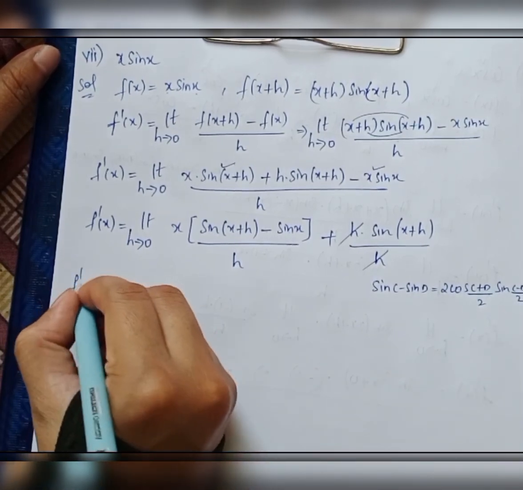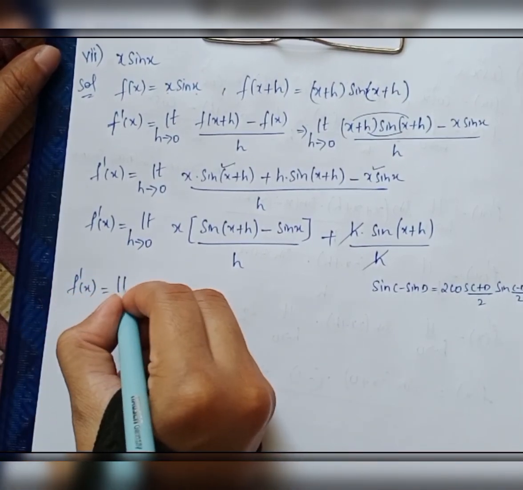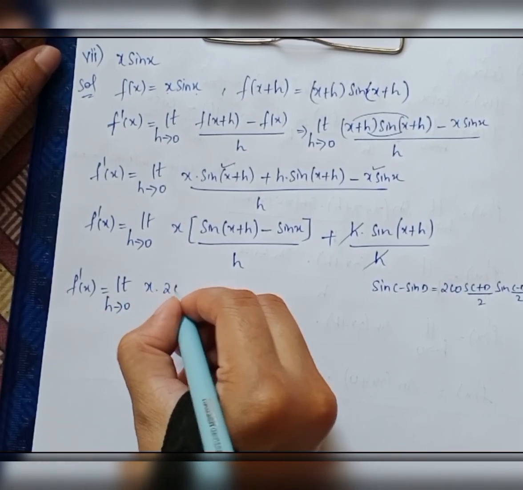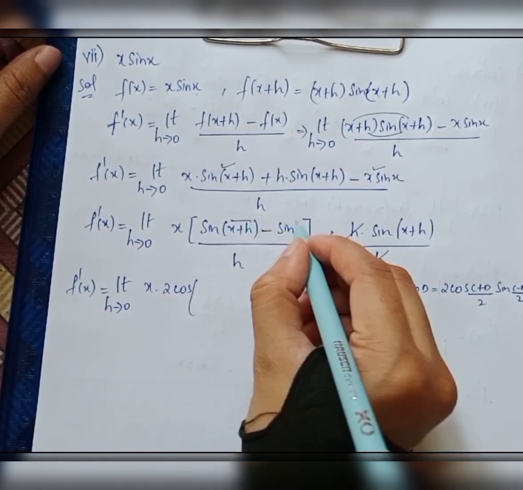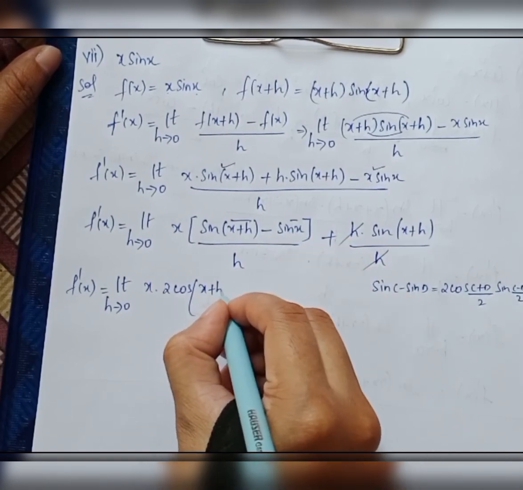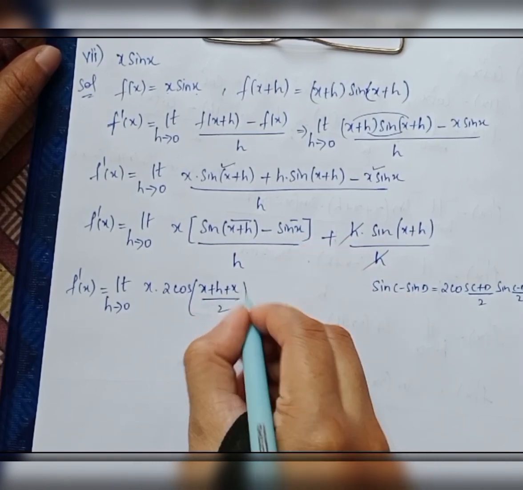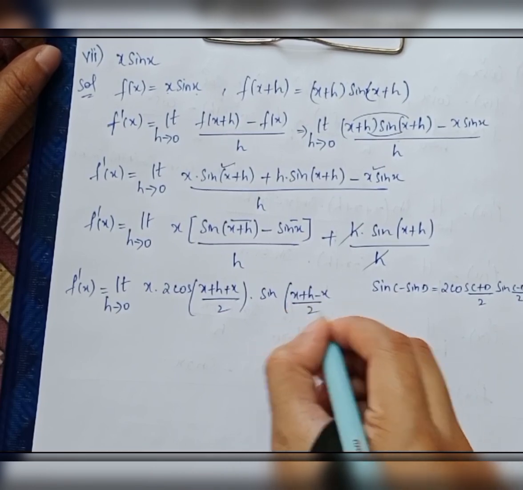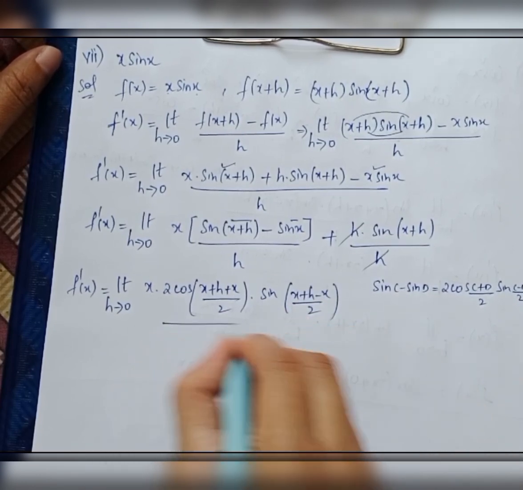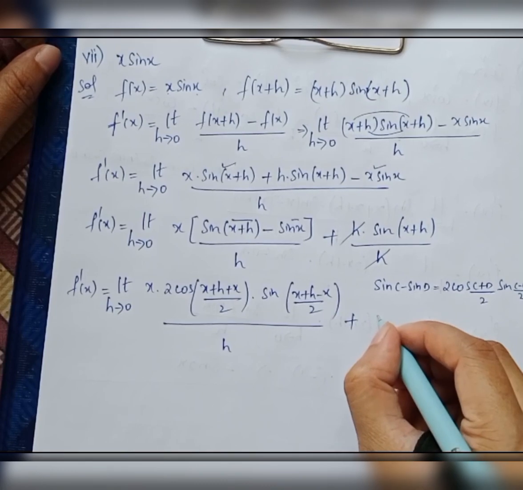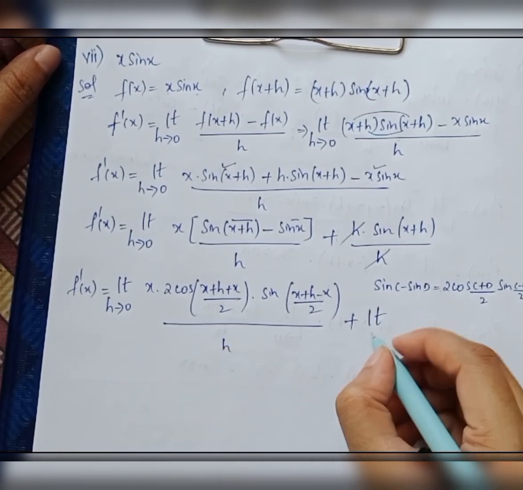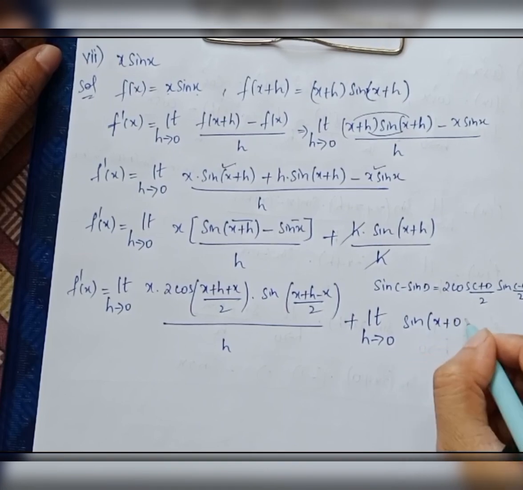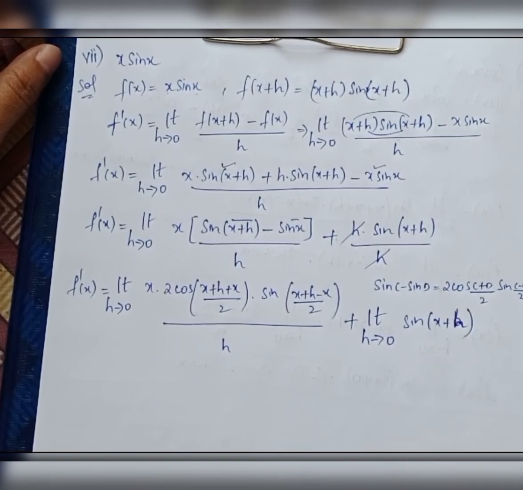So f dash of x is equal to limit h tends to 0 x into 2 cos, this is c and this is d, so it is (x plus h plus x) by 2 into sin (x plus h minus x) by 2 by h, plus we'll write the limit for this term, so it is limit h tends to 0 sin (x plus h), okay.